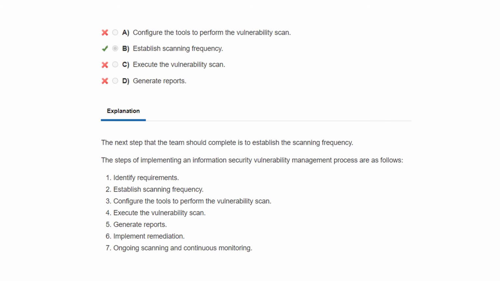The correct answer here is B, establish a scanning frequency. So the next step that the team should complete is to establish the scanning frequency in this case. The steps of completing the information security vulnerability management process are as follows, as we have already discussed in previous questions.